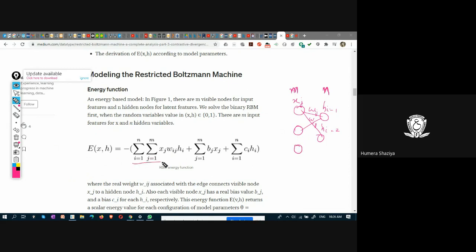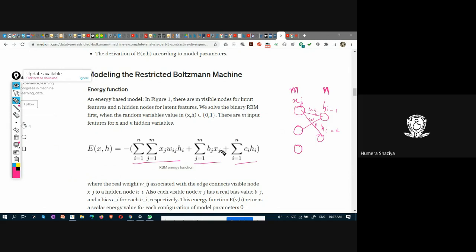This is that part. And then there is a bias that is being added, and there is the bias of the hidden nodes, which is denoted as c, a constant.